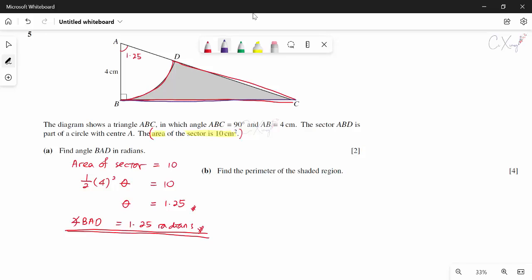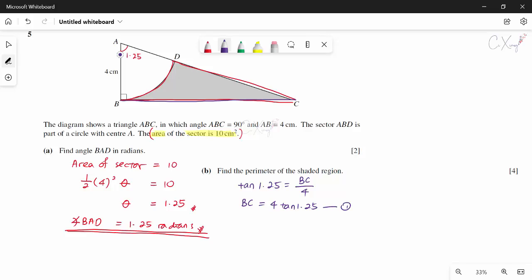To find BC, I can use the information from this triangle where the tangent of theta, 1.25, should be equal to BC over 4. So I can express BC as 4 tangent 1.25.